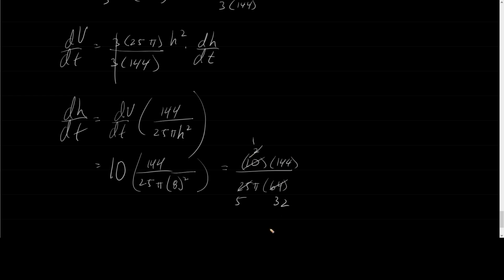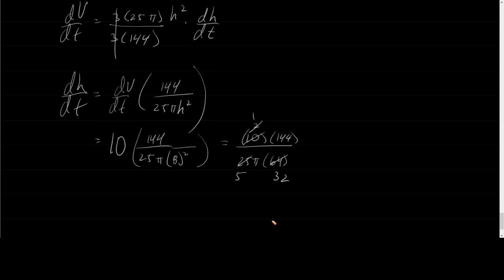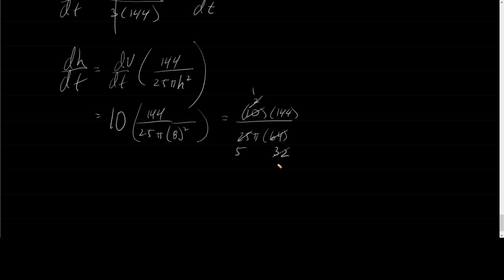Well, they're both divisible by 2, so 16, 72, 8, 36, 4, 18, 2, 9. And there you go. That's as far as we can reduce that. So we had 1 times 9 on top, which is 9, and 5 times 2 on bottom, which is 10.